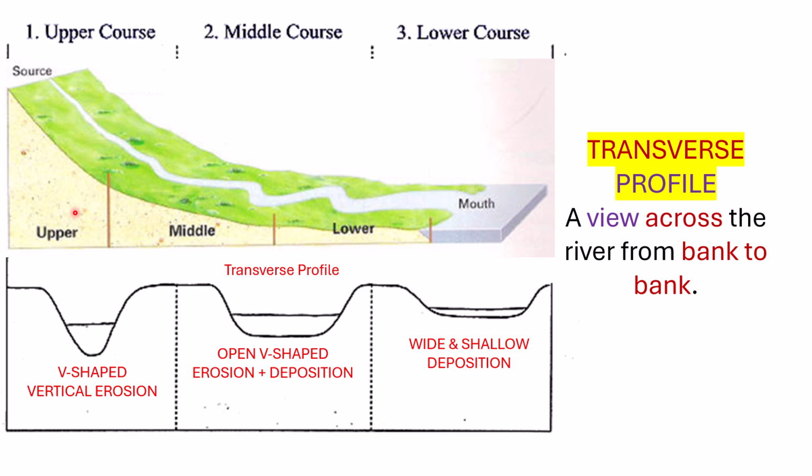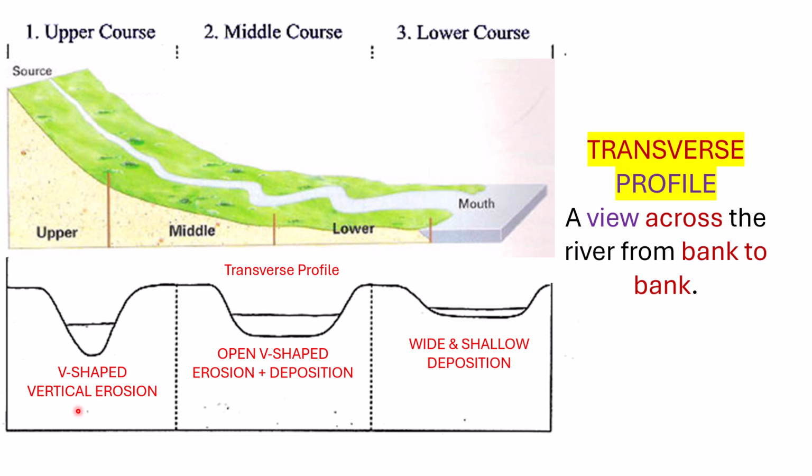In the upper course of the river, the transverse profile can be described as V-shaped, and this V-shaped profile is created by the fact that the dominant fluvial process in the upper course is erosion, but erosion is specifically vertical or downward. So you can use the word downward erosion or vertical erosion.